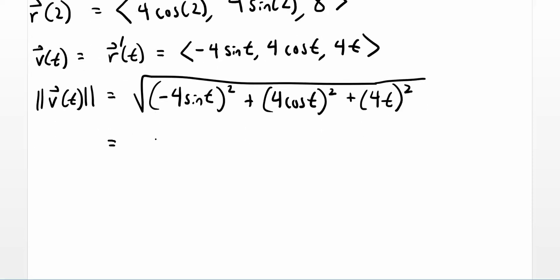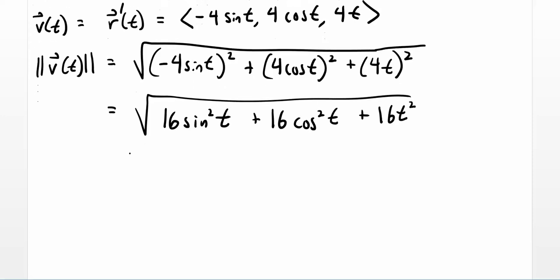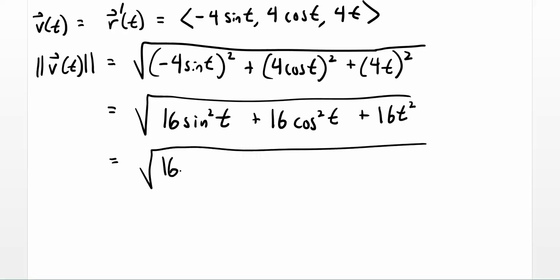And we can simplify this. This is the square root of 16 sine squared of t plus 16 cosine squared of t plus 16 t squared. Factor out the 16 from sine squared plus cosine squared. Sine squared plus cosine squared is 1, identically. So we'll just write 1 plus 16 t squared.